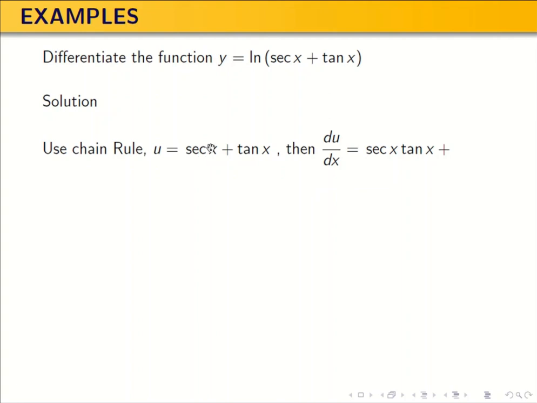And the derivative of sec x, from the previous definition that we had, is given as sec x tan x, and the derivative of tan x will give me sec squared x.